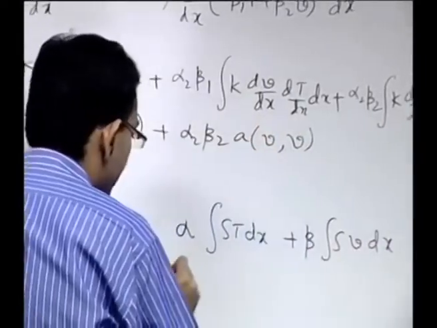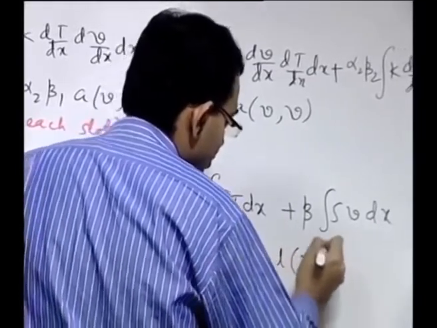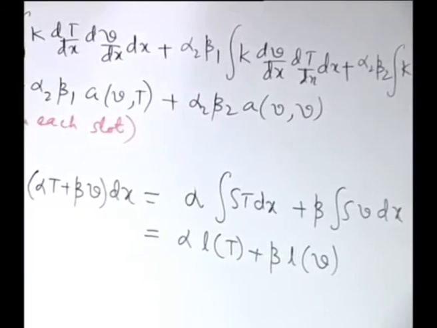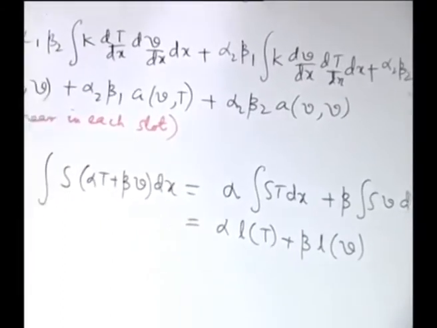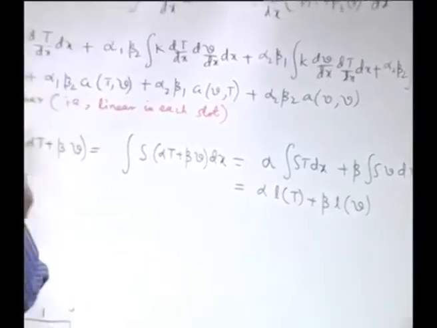This is nothing but alpha LT plus beta LV. So if such a property is satisfied, then the operator L is called a linear operator. So L is a linear operator.